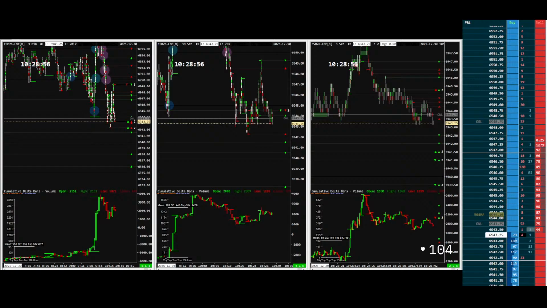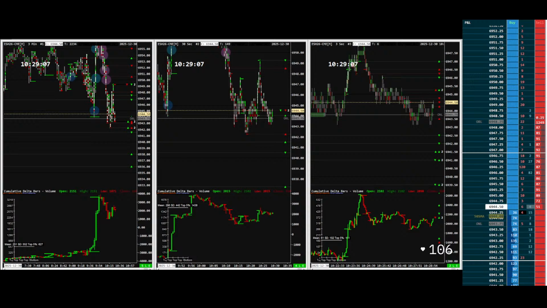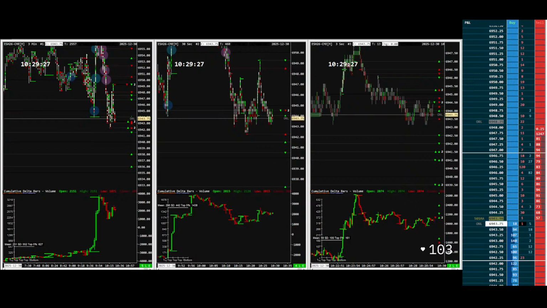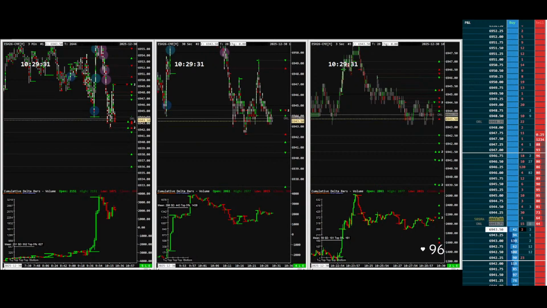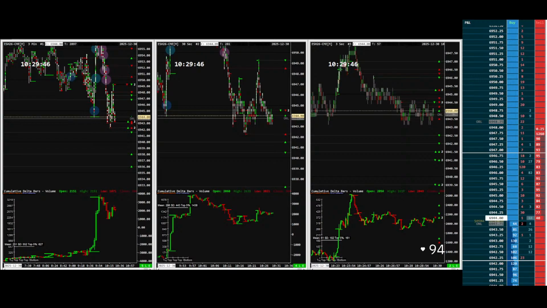Which is an immediate against 2 ticks so far. Still not low enough. Still hold it.